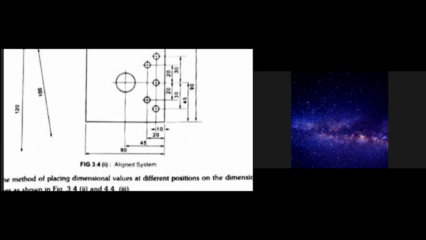We can write these values from the right side of the given figure. In this aligned system, you can write the dimension above the dimension line. See here, 90 is above the dimension line. So 45, 90 are also above the dimension line.